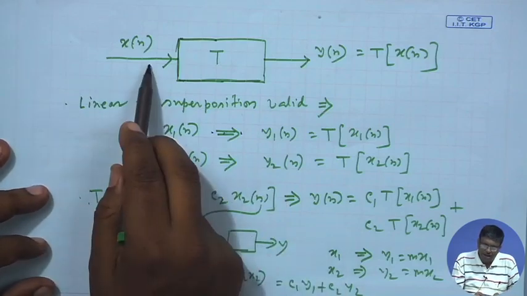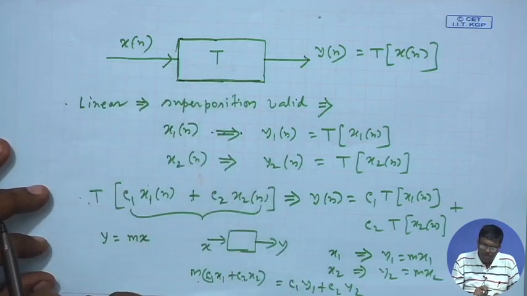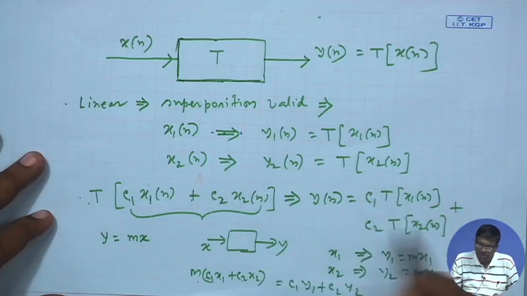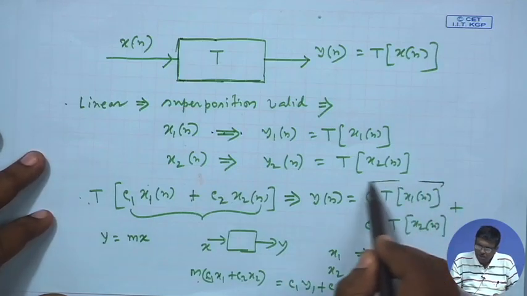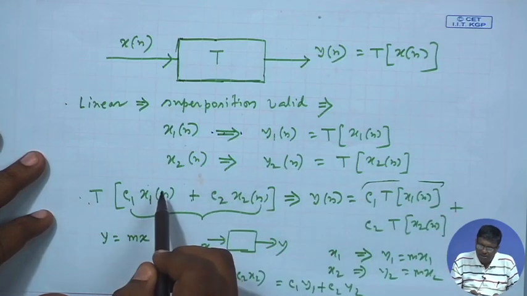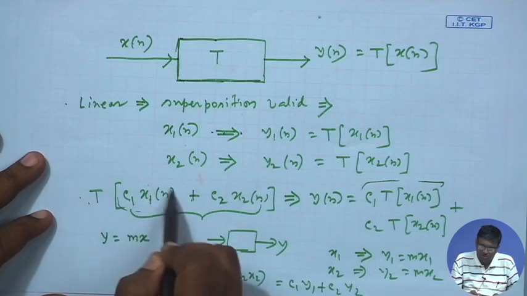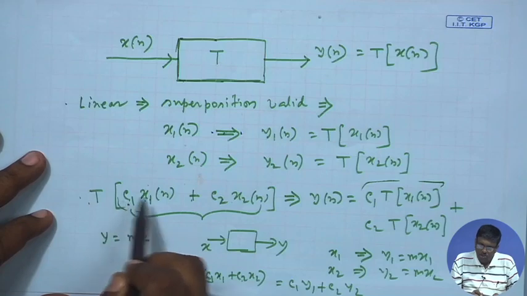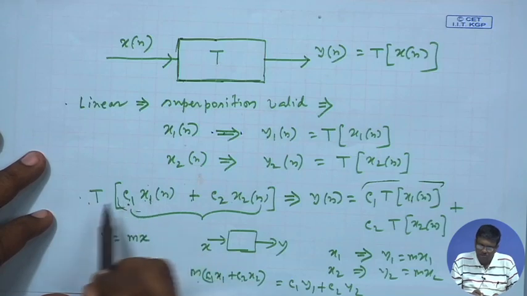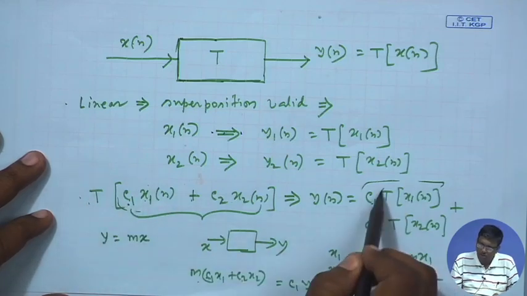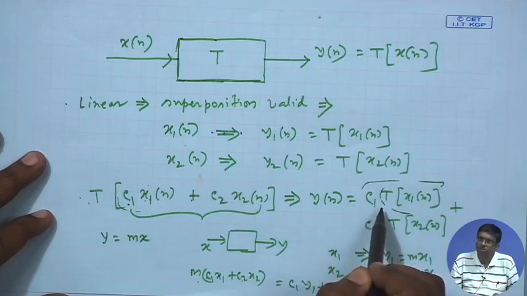If I input that at the input of the system, then if it is linear, the output should be the addition of this component and this component. What is this component? It is the response of the system due to this part, where c 1 is a constant and it comes out. If I give c 1 times a sequence as input, the output will be the same as if I give x 1 as input and then at the output multiply by c 1.